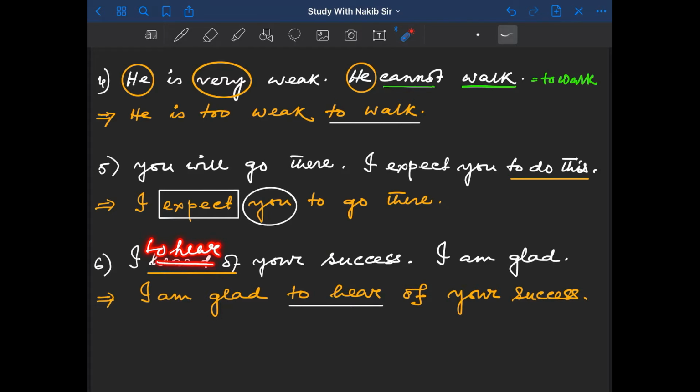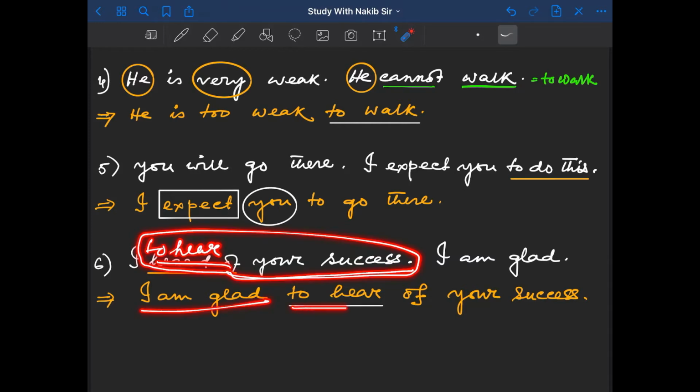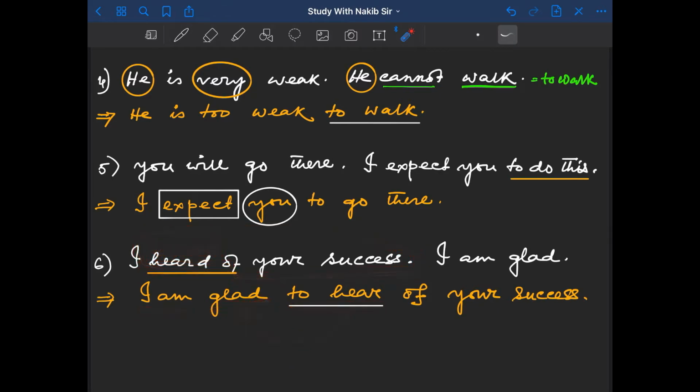So, to hear of your success. Use this after glad, and it will work as a modifier to the adjective glad, a qualifying infinitive. So your combined sentence is I am glad to hear of your success.